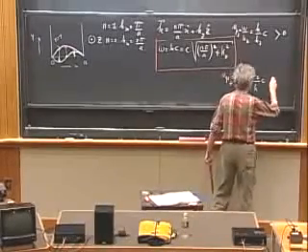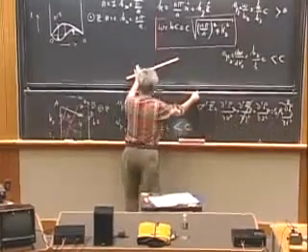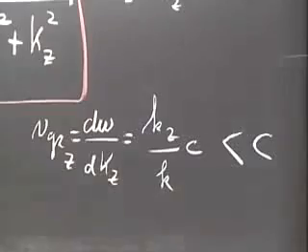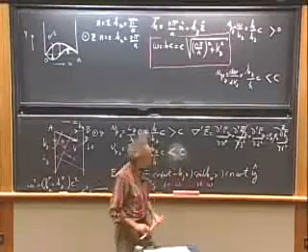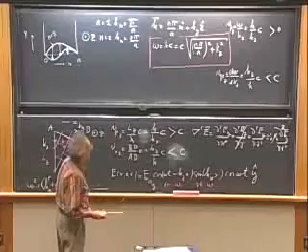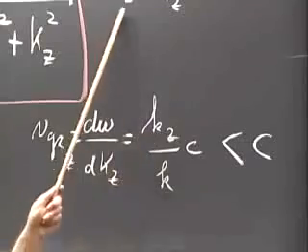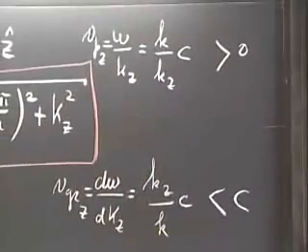And that is always less than c. This is what we also knew already. I had already predicted that based on geometry arguments. That comes out now if you use this dispersion relation. And this dispersion relation then has the absurdity that if kz goes to 0, the phase velocity goes to infinity, but the group velocity goes to 0.